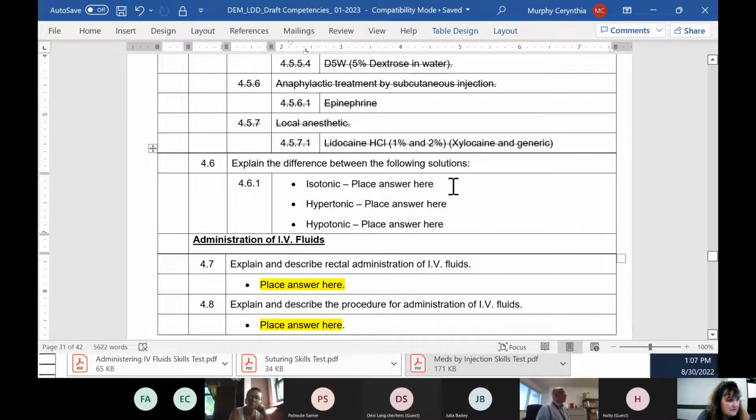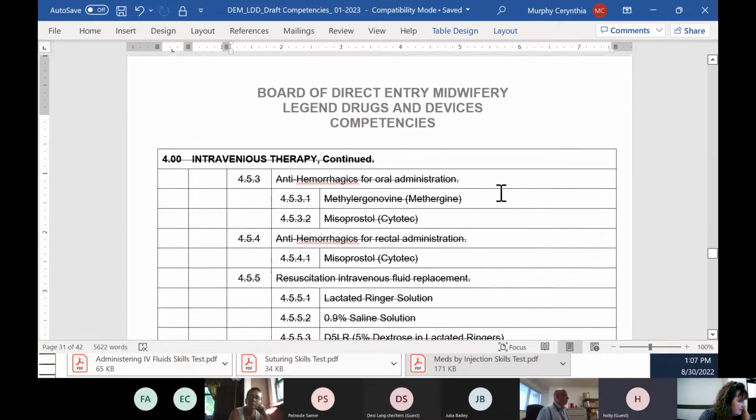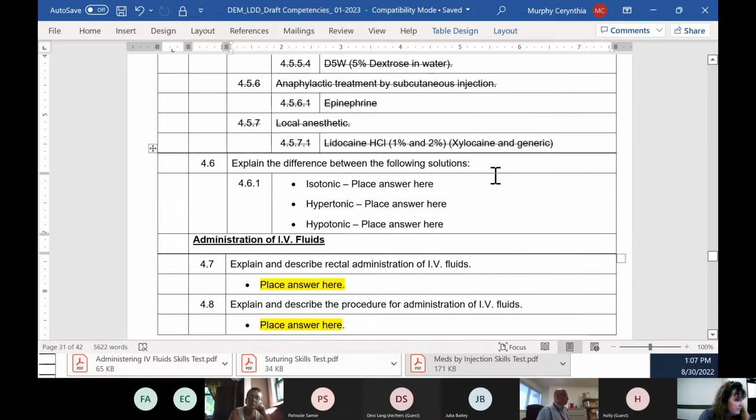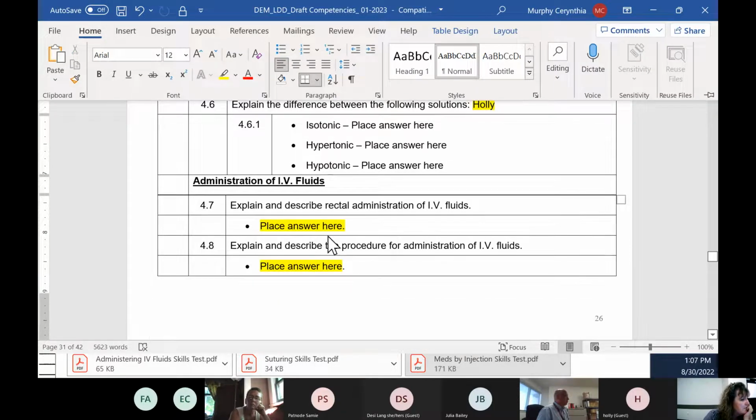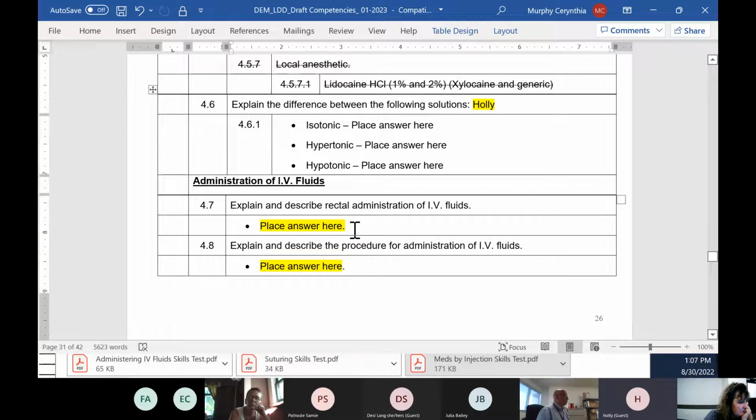Okay, so 4.6. Explain the differences between. Am I going to work with you on this one, Holly? Sure. On 4.7, they're fluids that are used for IVs, but do people feel okay calling them IV fluids when we administer them rectally?